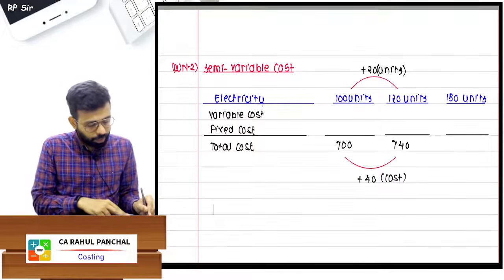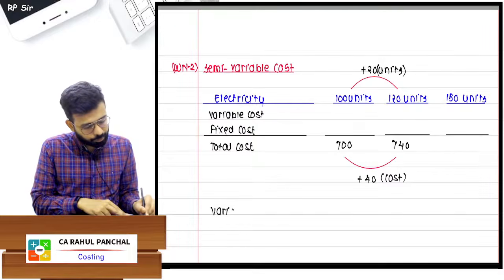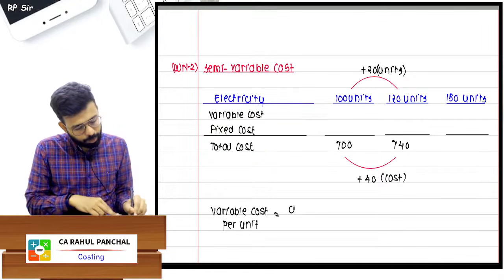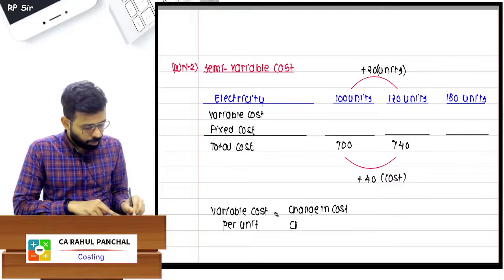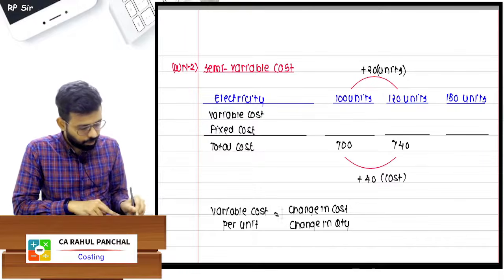So let us calculate variable cost per unit. The formula will be change in cost upon change in quantity, or change in units.